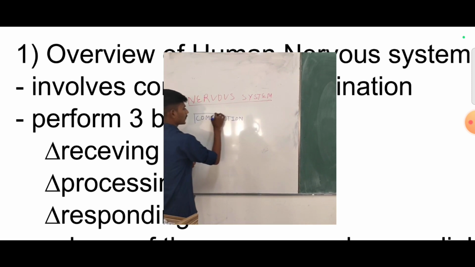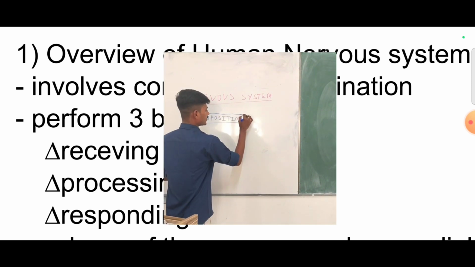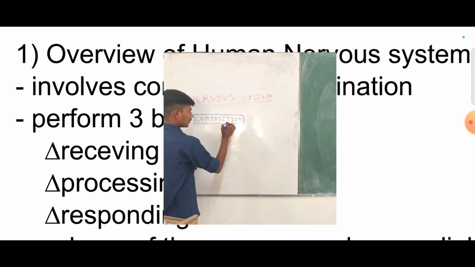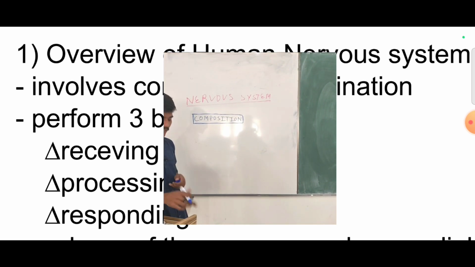Now, the constituents which make up the nervous system are basically cells. Cells are the building blocks, structurally and functionally, in our body.